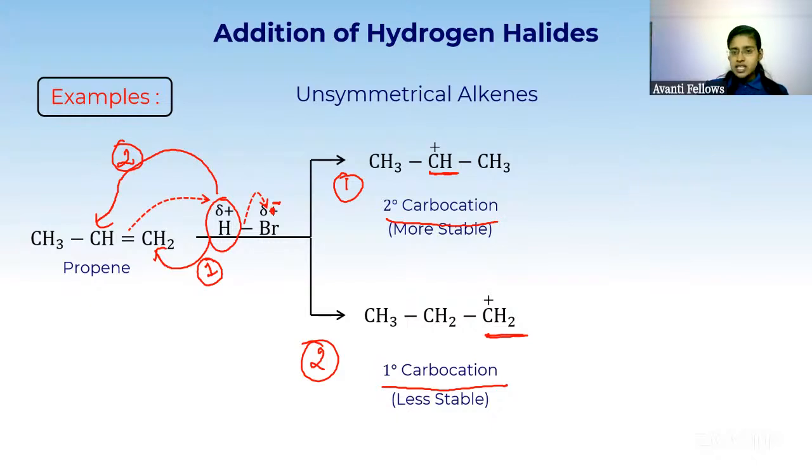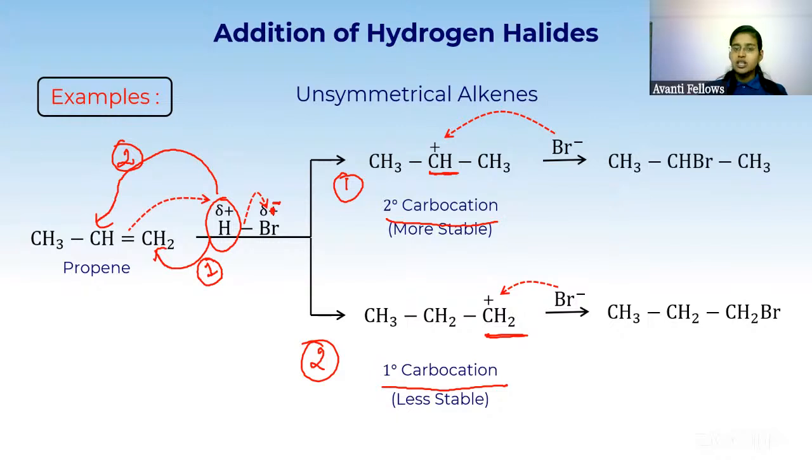Now with these intermediates, the Br minus will come and react. The negative charge will come and attack the positive charge, right? So if they attack the carbocations, we will get the products accordingly. In the first case, bromine is attached to the second carbon, and here it is attached to the first carbon, in which the positive charge is located.